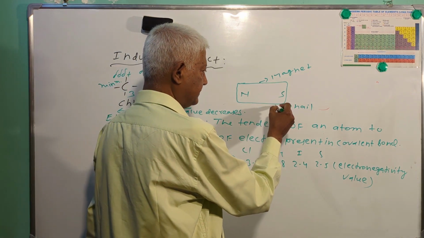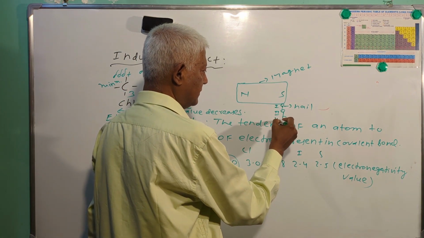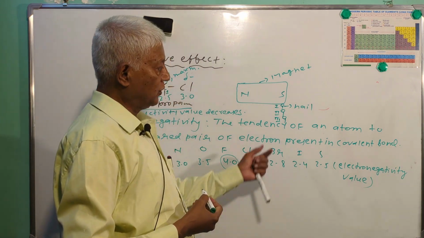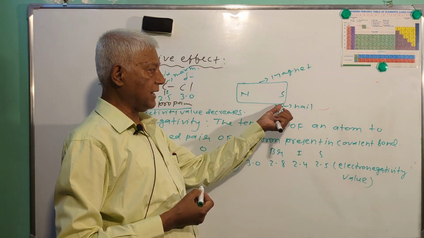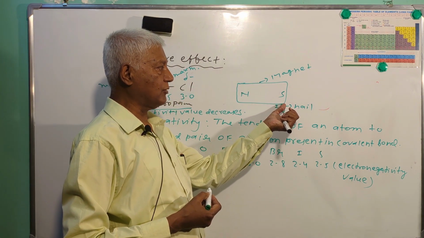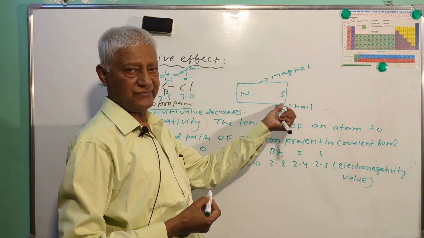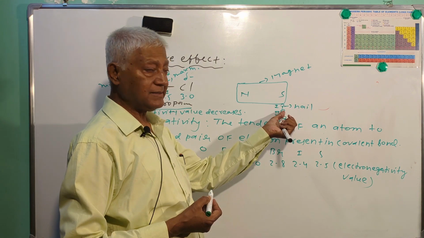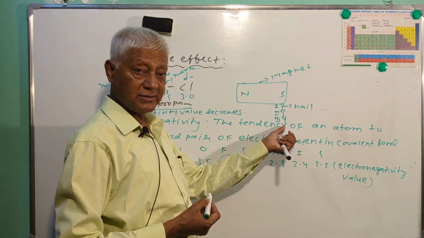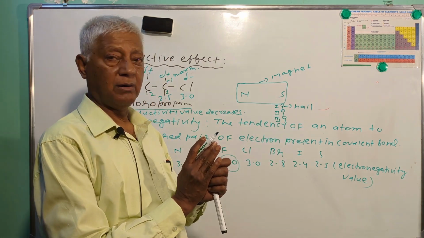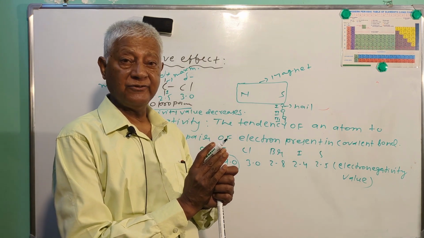First nail, second nail, third nail. The nail directly attached to the magnet has the maximum magnetic effect. But the second has less, the third has less. A point will come where there is no magnetic effect at all.